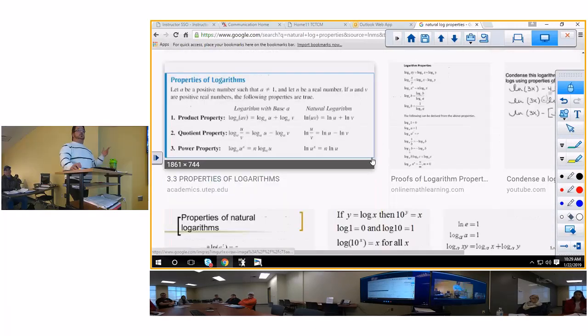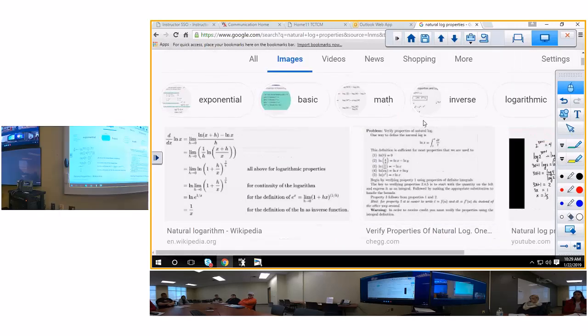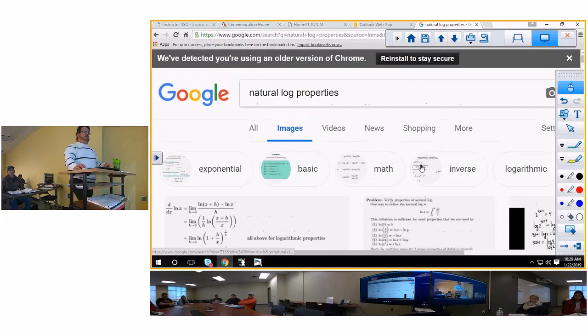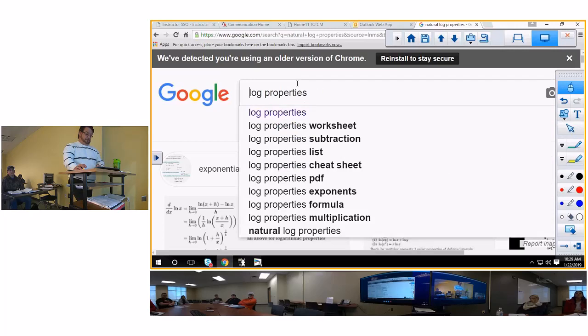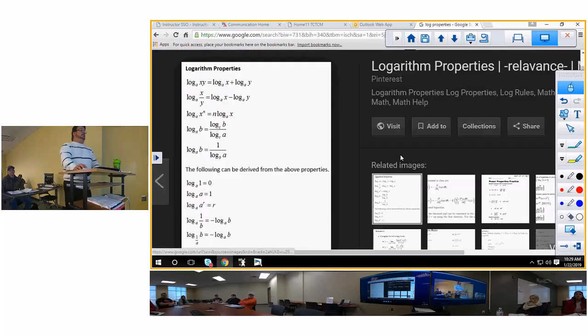But anyway, it's the one that says the log base E of E is equal to the exponent. That's the one I wanted you to find, but I can't find it now. This still says natural log. Hold on. There it is. Okay, that one right there. Because I'll show you why that one's important.